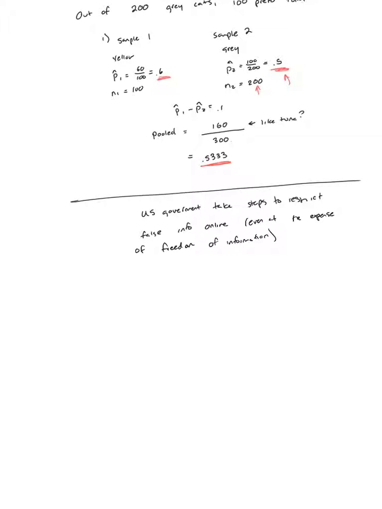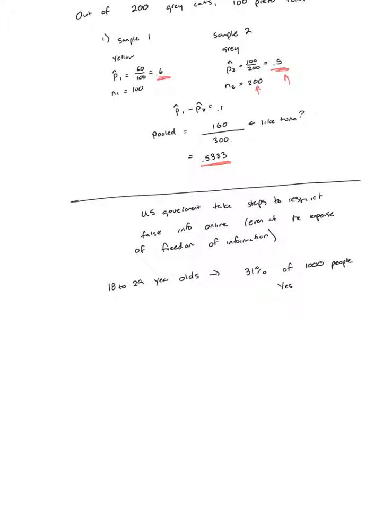And they asked men versus women, they asked different economic groups, they asked different education levels. We're going to actually look at the age groups. So they asked 18 to 29-year-olds. In this group, 31% of the 1,000 people asked said, yeah, they should take steps to restrict false info, even if it limits freedom of speech online.